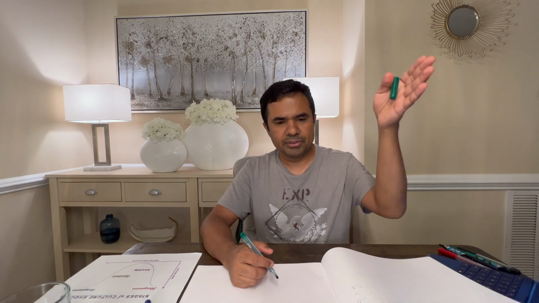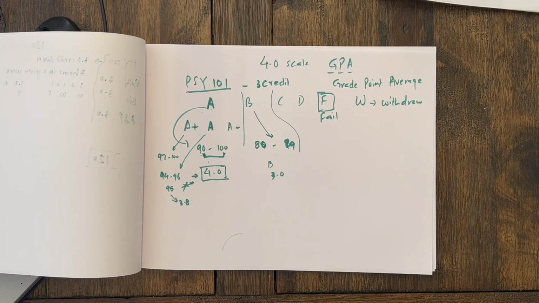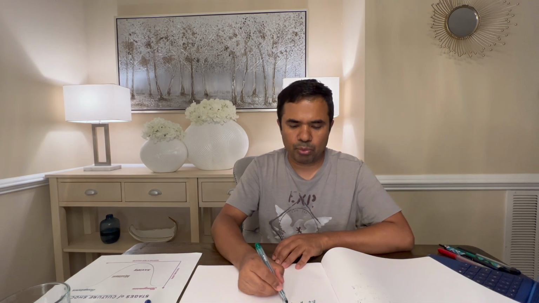But say you were to take that class all the way through, chances are the professor will give A, B, C, or D. In some cases you will have A plus, A, A minus, B plus, B, B minus, and so on. That breakdown could be done that way as well.